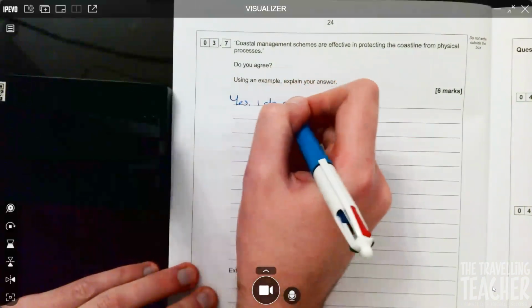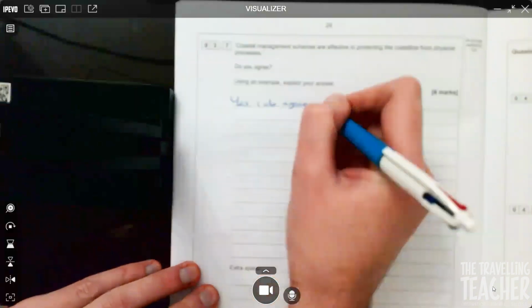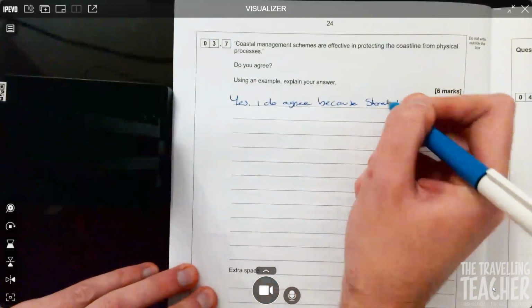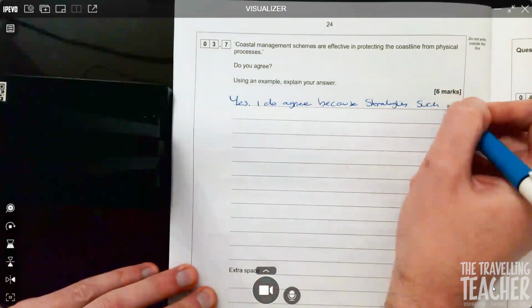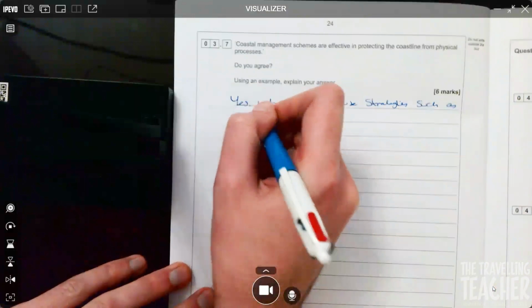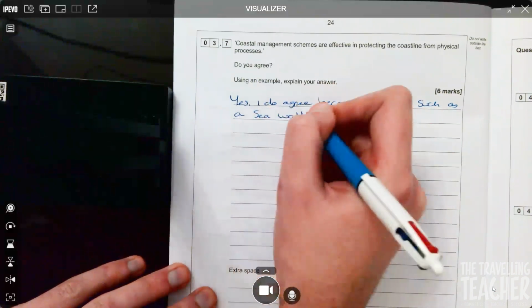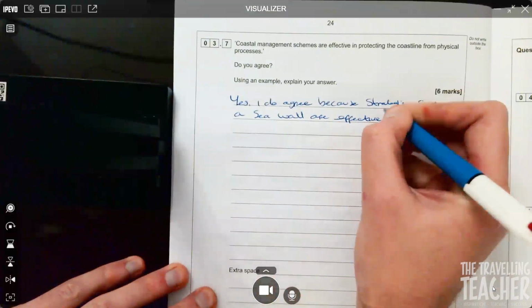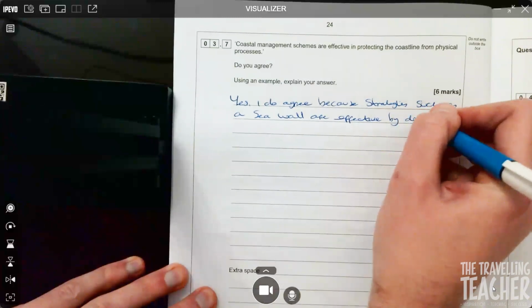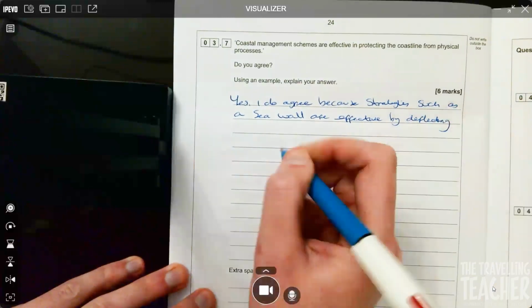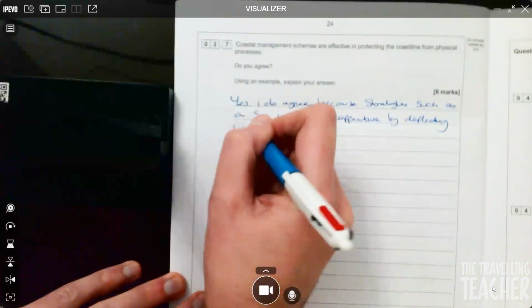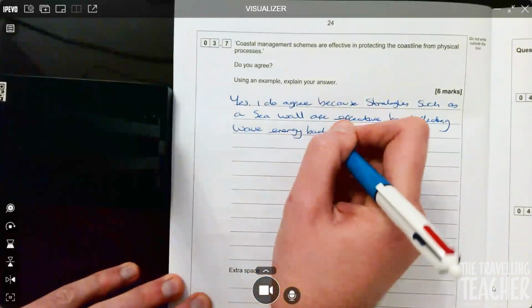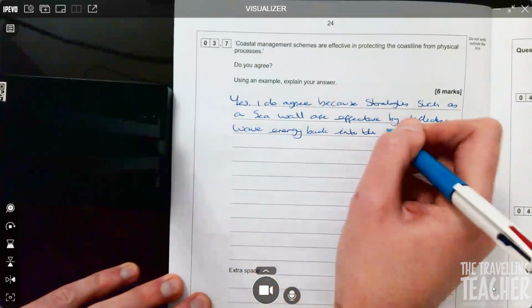Yes, I do agree because strategies such as a sea wall are effective by deflecting wave energy back into the sea.